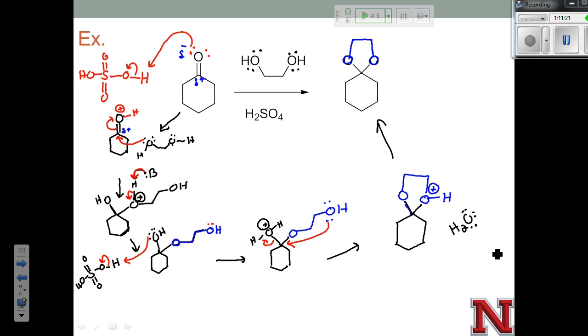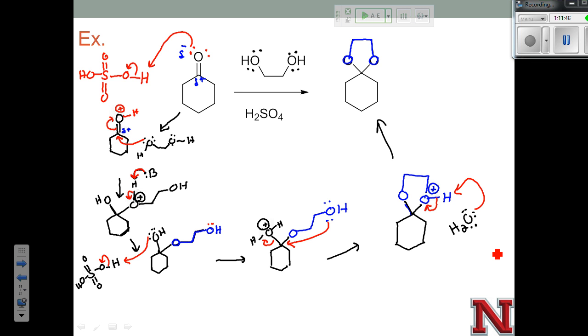You can get as concentrated H2SO4 as you want, but there's going to be some water in it. So there's likely going to be water floating around. That just reforms our H3O+. So it reforms our acid. We don't have any more acid at the beginning than at the end, or any less. So that is our mechanism.